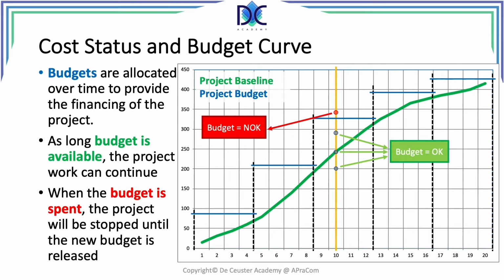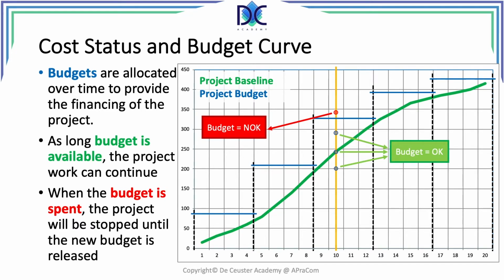Once we have the project baseline, we see the blue horizontal lines, which are the budget steps, the budget that is released for every 4 months in this case. It depends on your company, but it's always the same period that the budget is released. Now we look at 3 positions where you see the green arrows next to budget is okay.